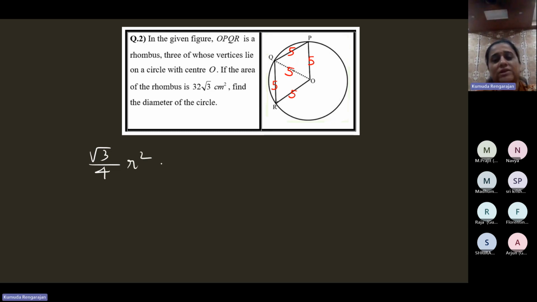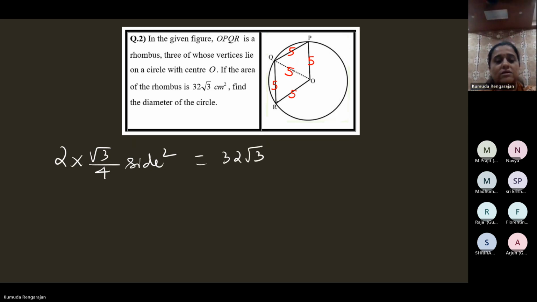Or you can write side square, and then side is the radius. Root 3 by 4 into side square. Now this into 2 is the area of the rhombus. There are two equilateral triangles; the rhombus in this figure is made up of two equilateral triangles.